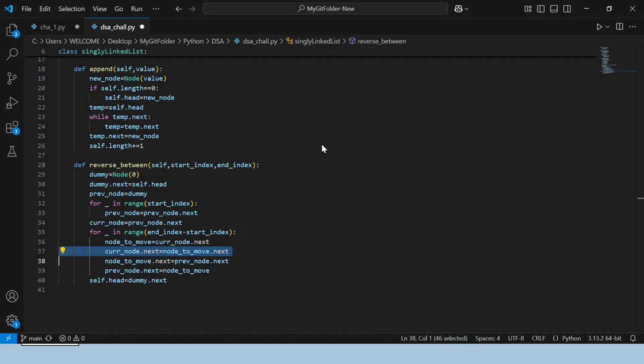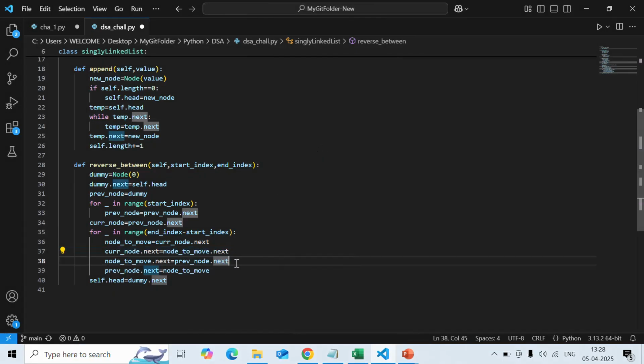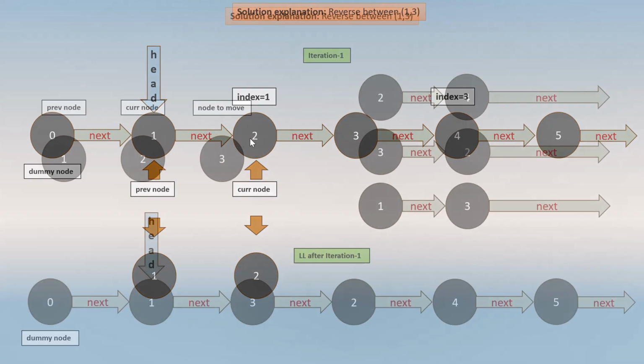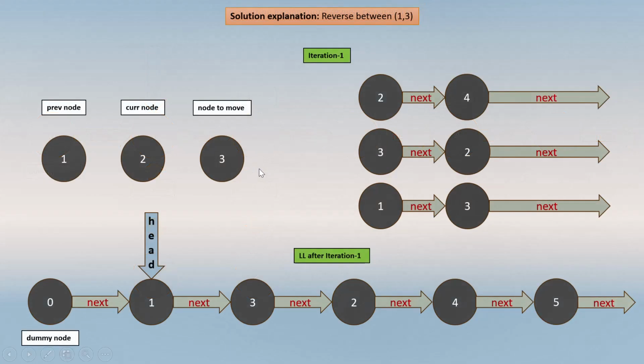Okay. Now let's talk about this third line. The node which is pointed by this pointer, that particular node will point to previous node dot next. So if you see linked list, previous node dot next is nothing but our current node. So node to move dot next, which is 3, will point to previous node dot next, which is 2, and after that all the node would be same.